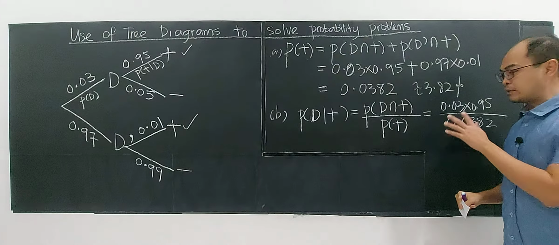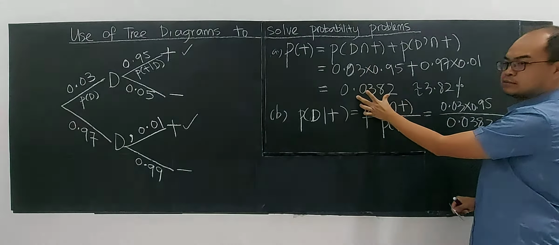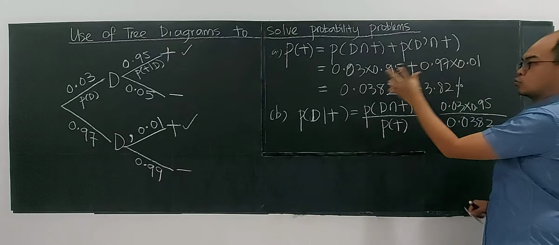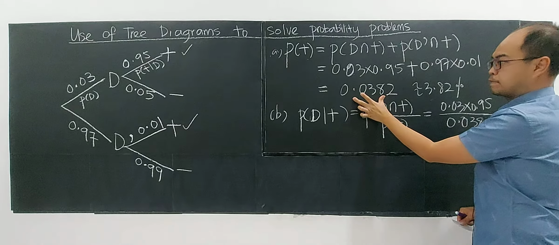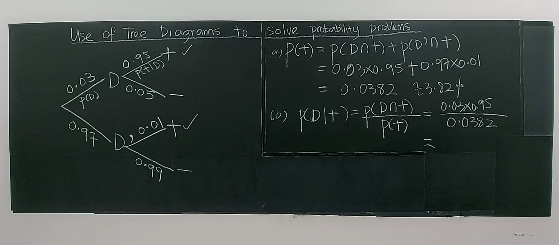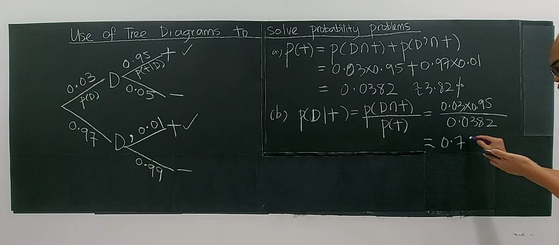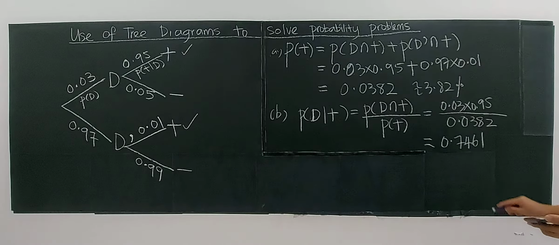If you are mathematically intelligent, you can see that this is part of this; these two together total to this percentage. It's a proportion, so let's see what percentage we get. Rounded off, it gives 0.7461, to 4 decimal places.